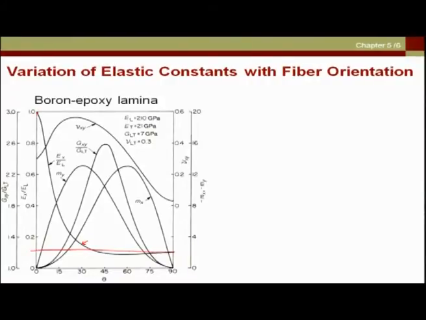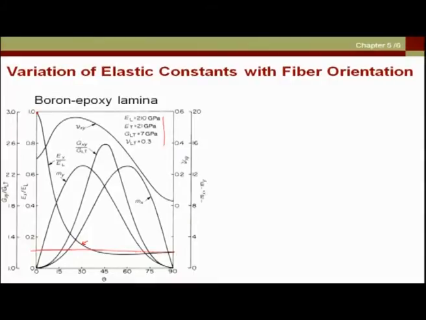Okay. So, for boron epoxy, because these material properties El, Et, GLT, nu LT are like this, the value of Ex actually becomes less than that of Et at some value of theta, which lies between 45 and 60 degrees. So, this is an important thing.